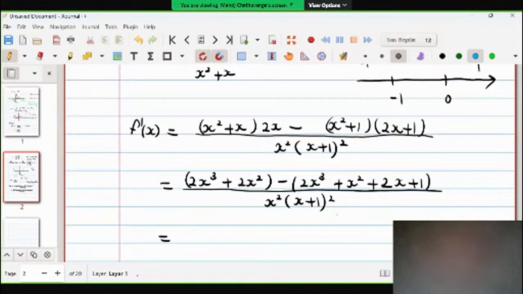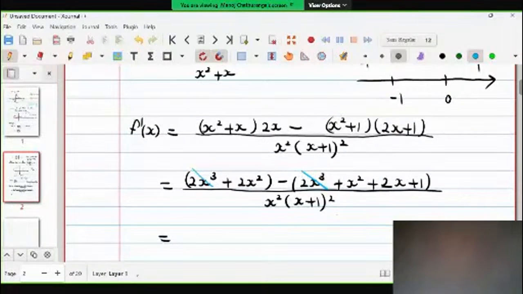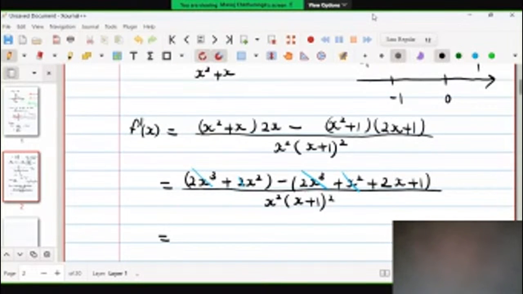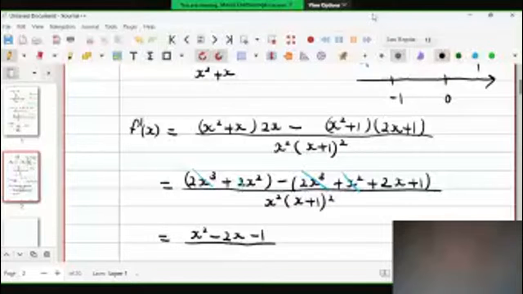Now we have some cancellation. This term cancels with this term. 2x squared minus x squared. So this one cancels with 2. So what we have in the numerator is x squared minus 2x minus 1 divided by x squared, x plus 1 squared.